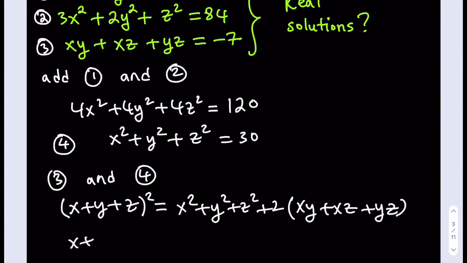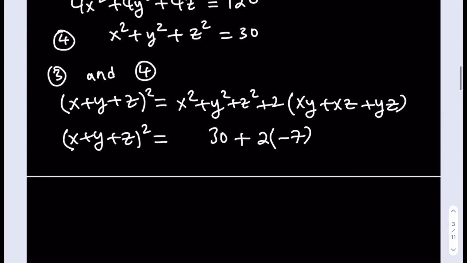So from here we get x plus y plus z quantity squared is equal to, we know that x squared plus y squared plus z squared is 30, and the sum of two-way products is going to be -7. So this is going to be 30 plus 2 times -7. And that's equal to 16.